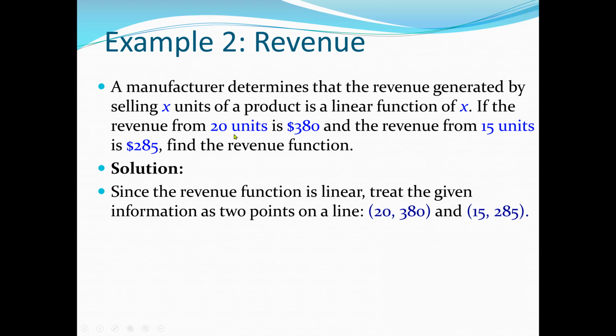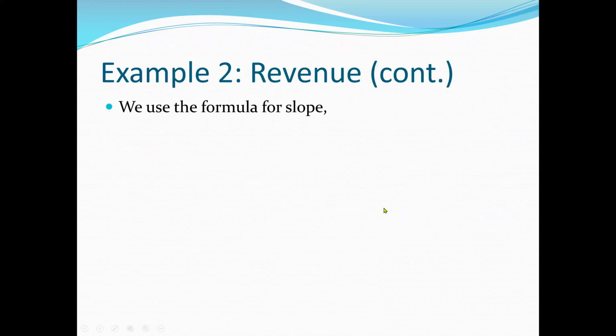So here we have 20 units is 380, and at 15 units, we have 285. Now the question says we should find the revenue function. So here, since it's a linear function, we are using the slope concept. So we use the formula for slope to generate the function.